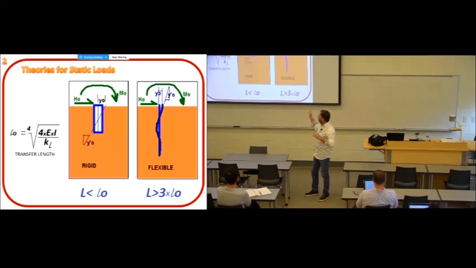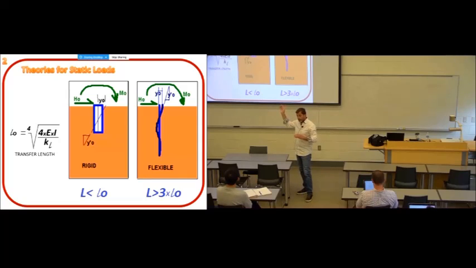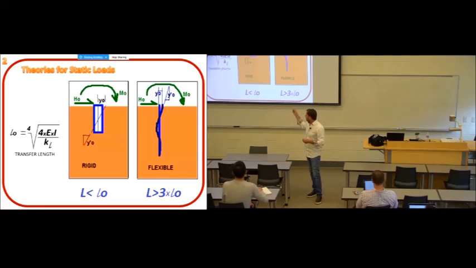So what separates them is what we call the transfer length, which is an interactive parameter between EI and K. EI are for the structure of the pile, modulus and inertia of the pile, and K is for the soil. The ratio (4EI/K)^(1/4), roughly, gives you a transfer length.